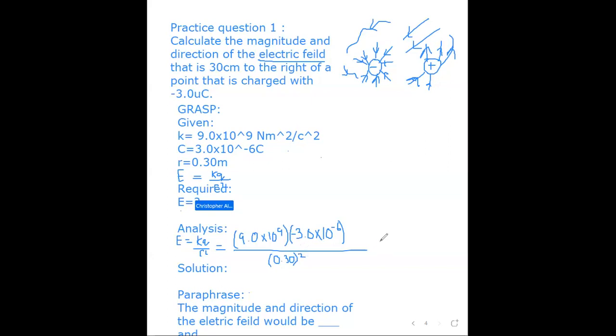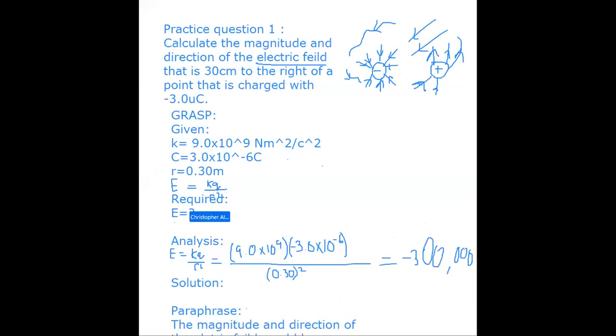Okay, great. So that's going to get you a value of minus 300,000, or minus 3 times 10 to the negative 5. Okay, so that's your answer.